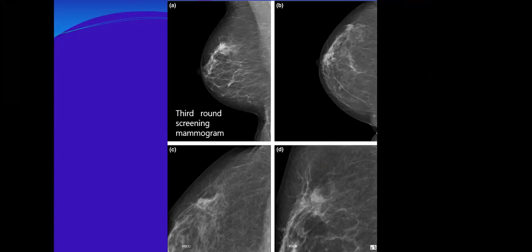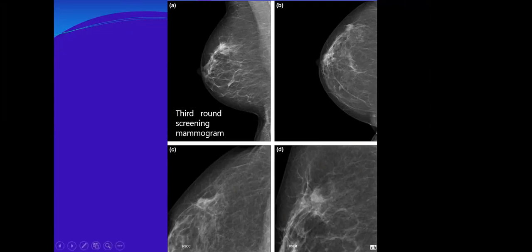You cannot see a mass. It is a focal asymmetry, but it's associated with some distortion. I brought for you the spot compression at the same moment. I did not keep it from you. I present for you the standard as well as the spot compression.